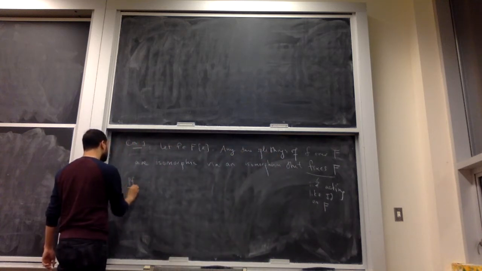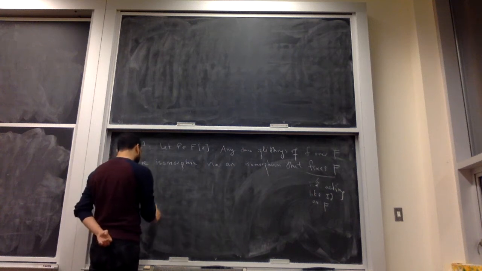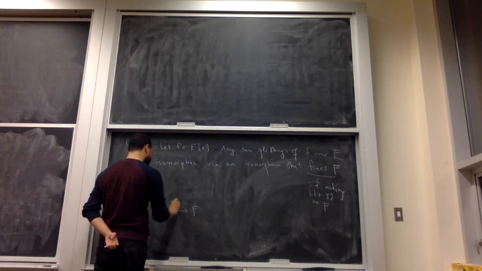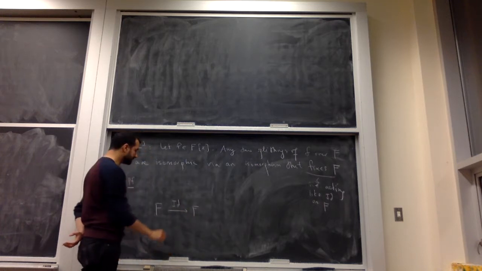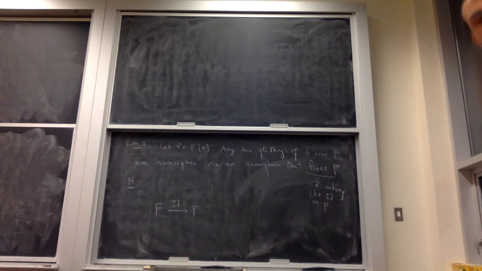So what's the proof? The proof follows right away from the previous result. You're going to look at the identity map on F. It's clearly an isomorphism. Make sure that we don't lose the camera.